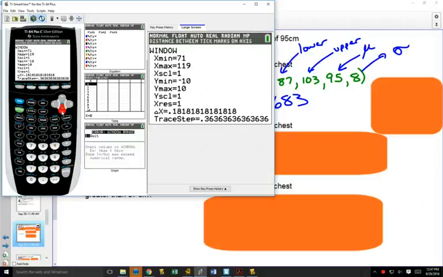Do you know what XSCL stands for? That is how the scale on your x-axis is split up. I'm just going to put 8 because that's our standard deviation. I don't know if it'll match up nicely or not.